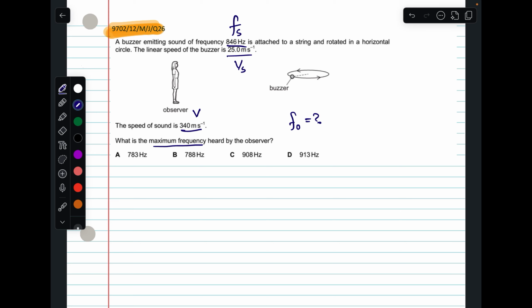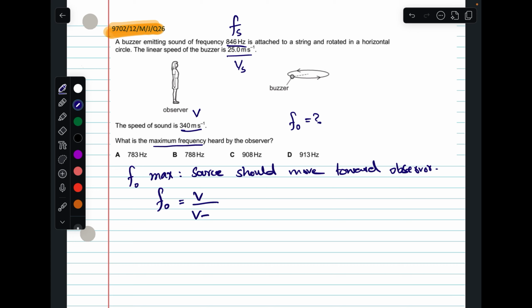For F naught maximum, the source should move towards the observer, that is what we know. So the relation will be F naught is equal to V divided by V minus Vs, into Fs.